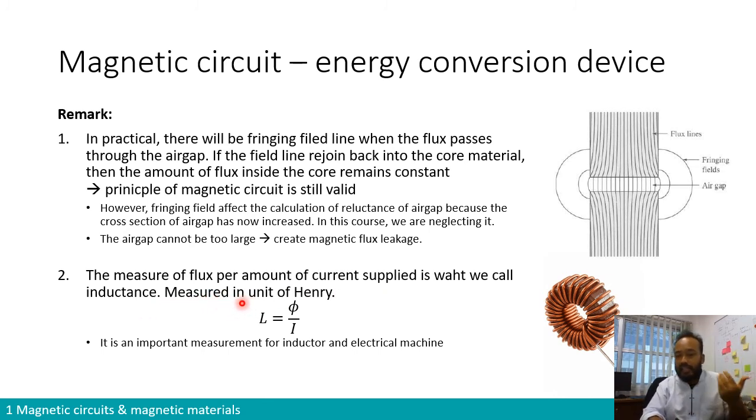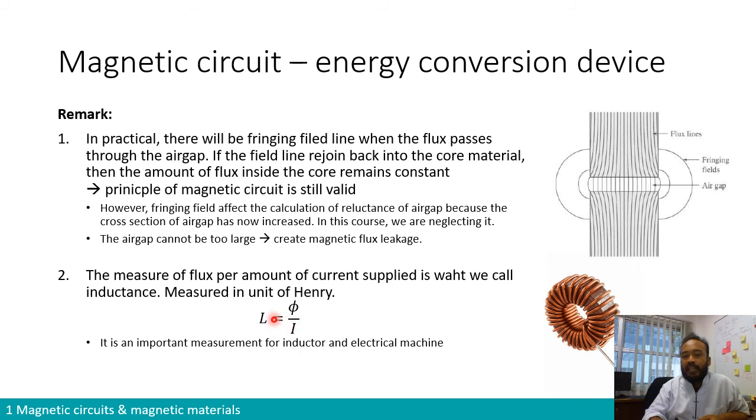We have learned it in electrical courses, where we use it to regulate fluctuation of current. So inductance is the measurement of how much flux is created per current supplied to the core material. Okay, so flux divided by I is what we call inductance, and it is measured in Henry.